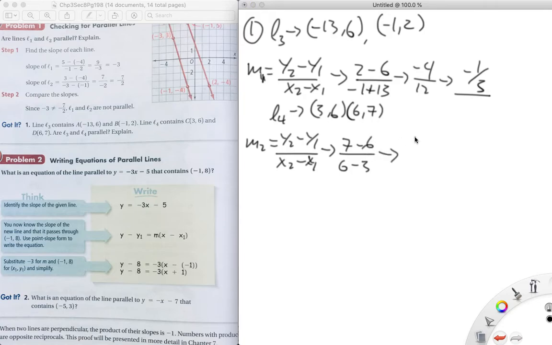That gives me 1 over 3. I have negative 1/3 for my first slope, positive 1/3 for my second slope. So M1 doesn't equal M2, so this is not parallel. In order for them to be parallel, they have to be the same number, and they have to be the same sign. Therefore, they are not parallel.